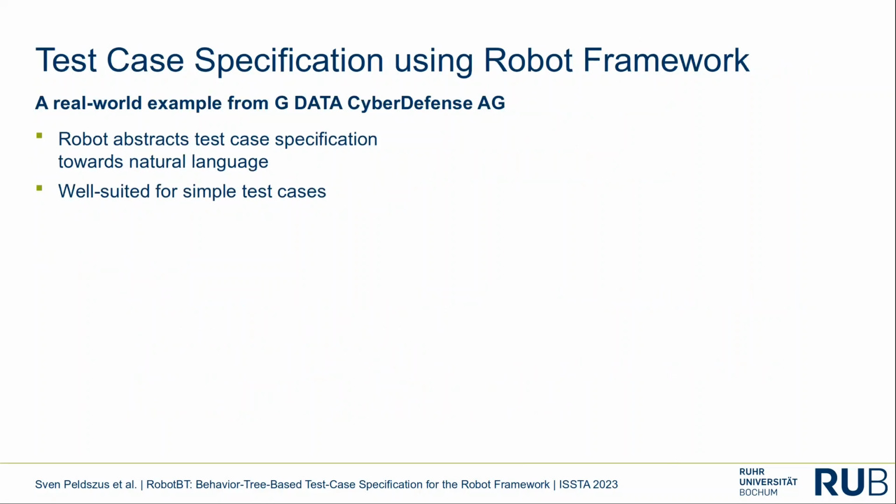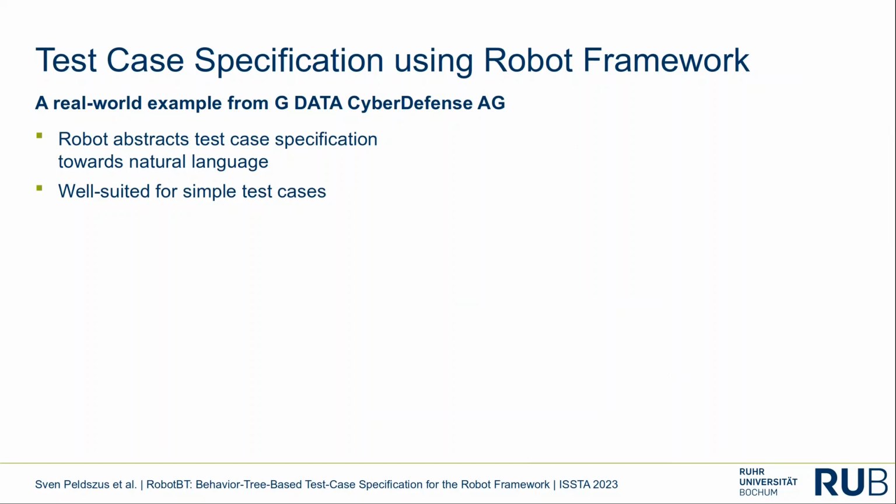Our real-world example that we'll use in this talk, but also in our paper at ISSTA, is taken from G DATA Cyber Defense AG, a common provider of antivirus software that uses Robot test cases for testing their antivirus software's UI.